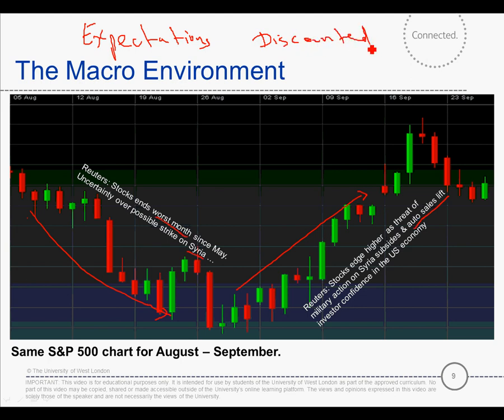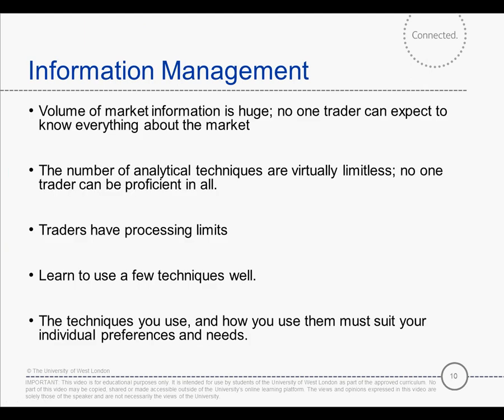Now, the word I use up there, discounted, it simply means that the market has factored this into the price because it was expecting this. Now, when you do this for real, what you're going to find is that, especially in this day and age of information technology, the volume of market information that you have is huge. It's astronomical.